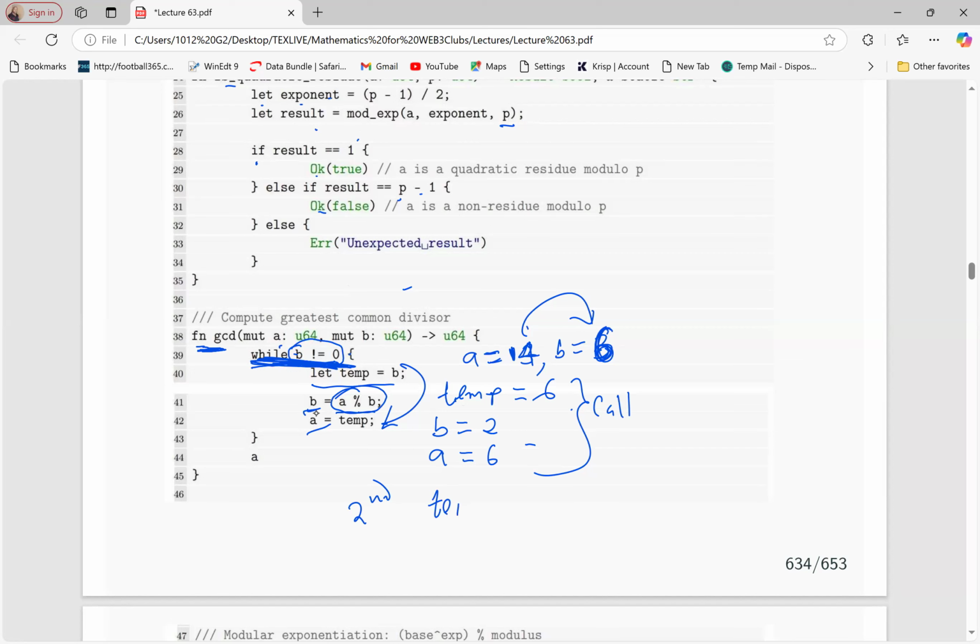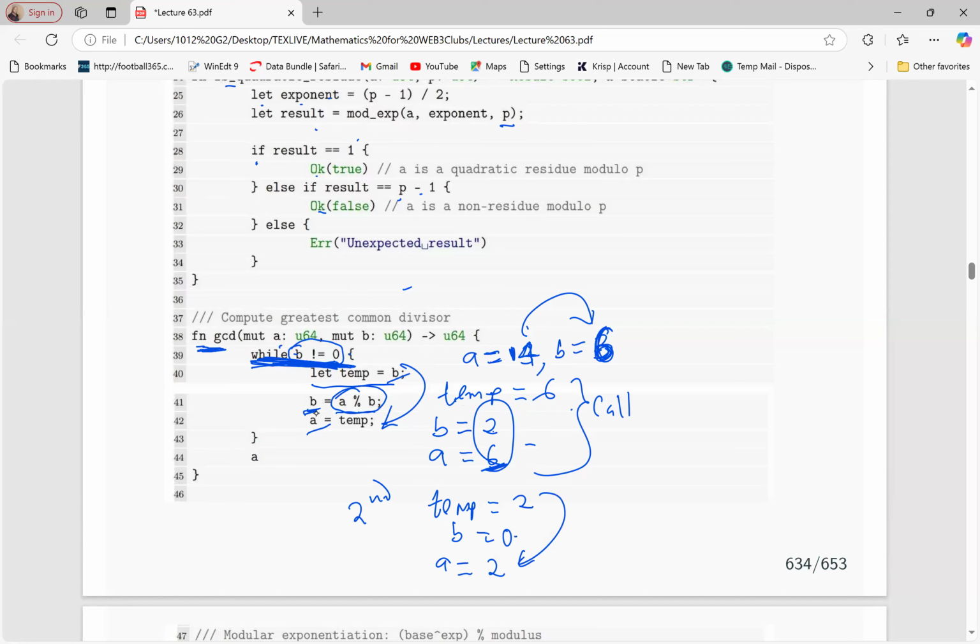Our temporary is B, and B becomes the remainder of A on division by B. When you divide, the remainder is 0. A becomes what was temporary.